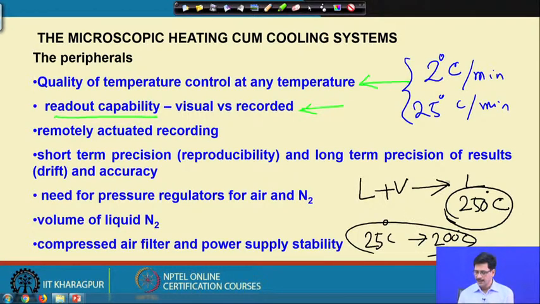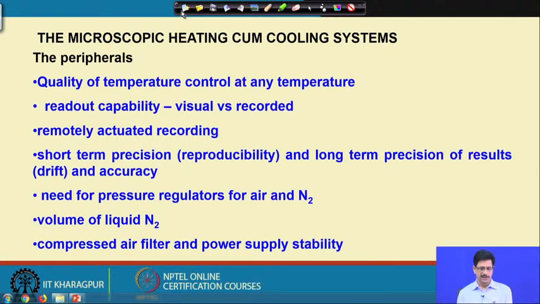But as the temperature of homogenization approaches, for proper reproducibility and the recording of the temperature without introducing any error, the rate of heating should be as low as possible. In the heating cycle, the rate could be a little higher, but in the freezing cycle the rate could be the minimum possible, which we will be discussing.